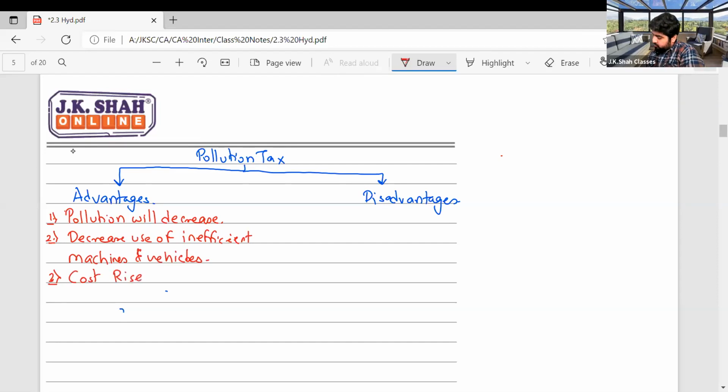Cost rises, so people buy more. Very good, Rahul. Sorry, so people buy less. Government revenue increases. Interesting, Krishna. Yes, promotes different types of innovation over here. Correct.